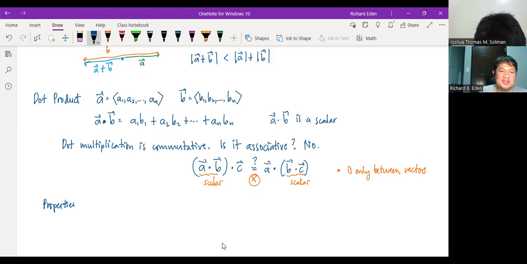So properties. Number one, A dot B equals B dot A. And then A dot (B plus C).